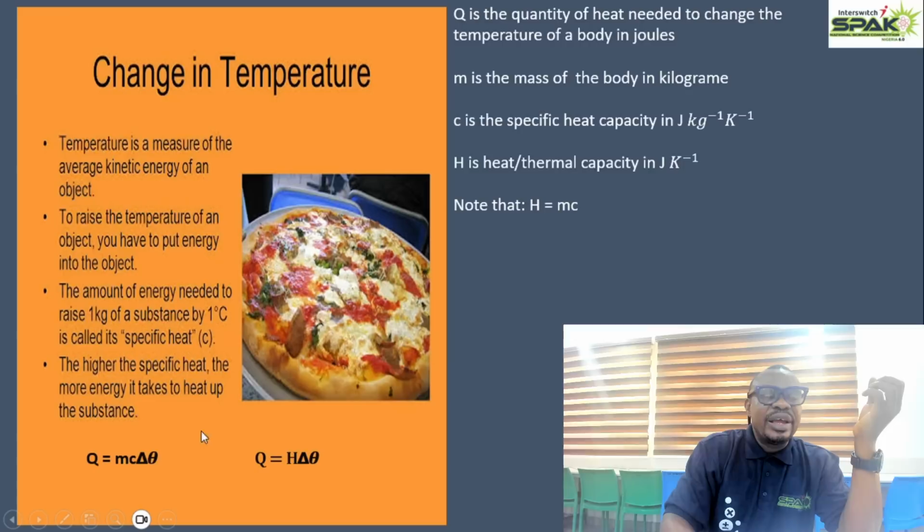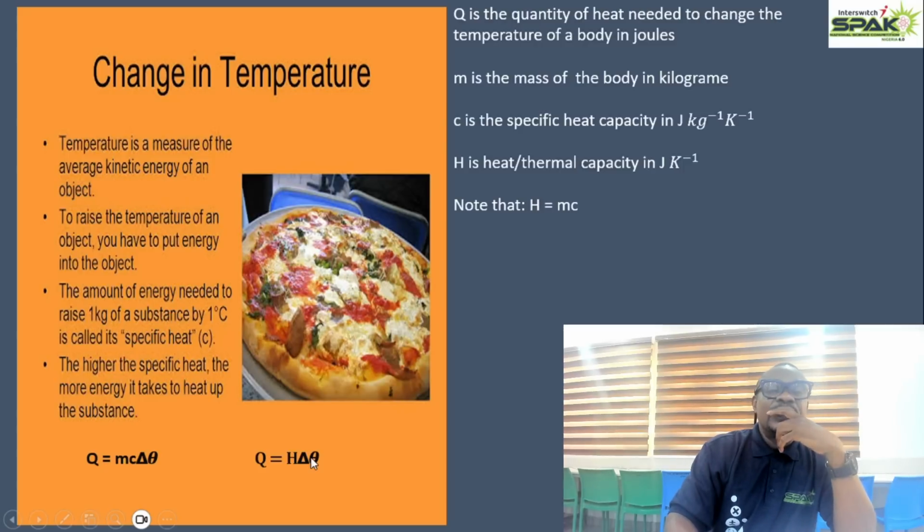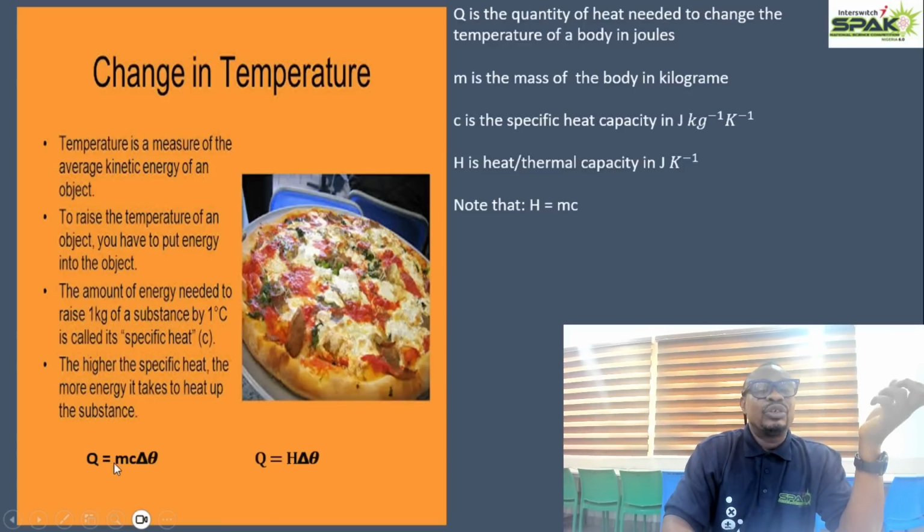So when you substitute H for this MC, we can as well have Q is equal to H delta theta. Please take note of this and involve it in solving questions. Q is equal to MC change in temperature, which has to do with the amount of heat needed to change the temperature of a body, which is equal to H delta theta.